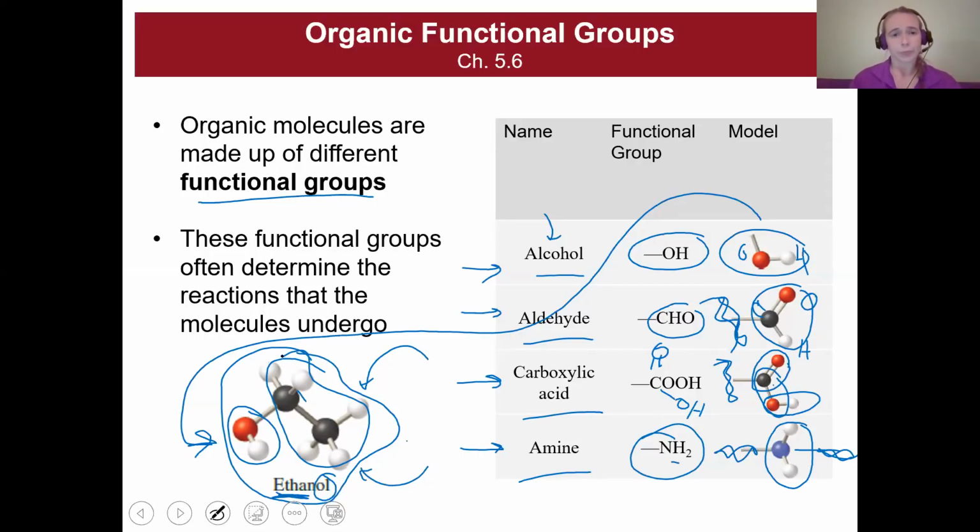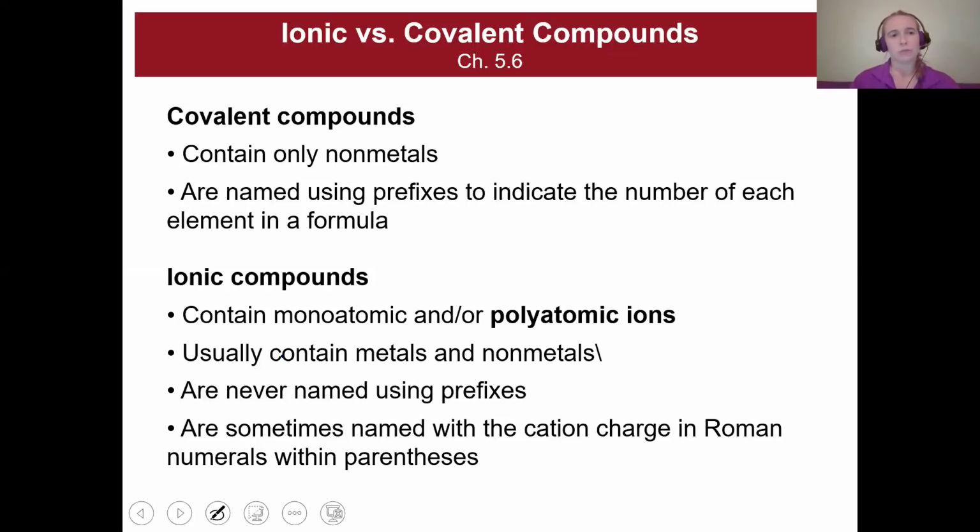And then this is just a review slide for you to tell the difference between covalent compounds and ionic compounds. Covalent compounds contain only nonmetals, and they're named using these prefixes. Ionic compounds, the ones we learned about first, those could be monoatomic ions or polyatomic ions, which we will learn more about later.